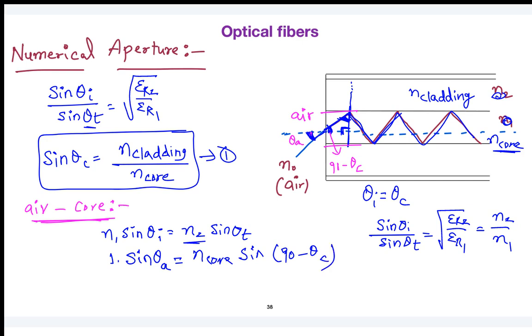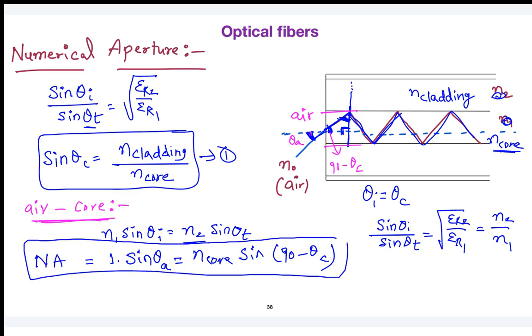So this is basically called numerical aperture. I will tell you what we mean by numerical aperture. Just listen here. You know that theta a and 90 minus theta c are directly proportional.